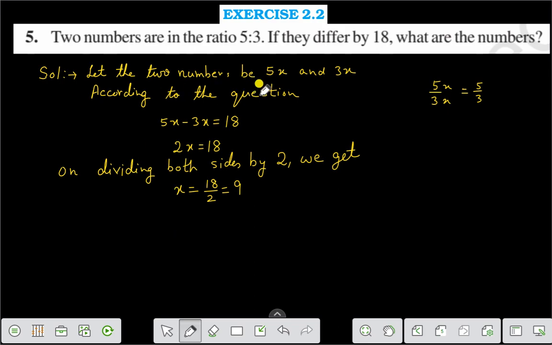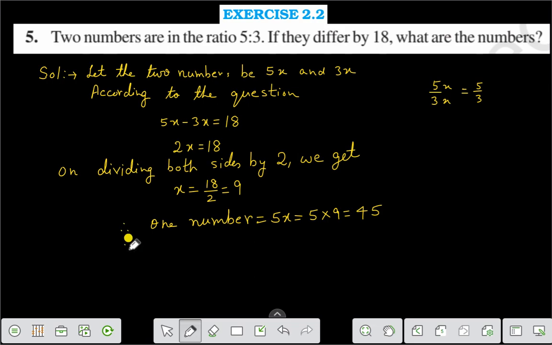Therefore, we have taken the two numbers as 5x and 3x. Therefore, one number is equal to 5x, and that comes to 5 into 9, that is 5 nines are 45.